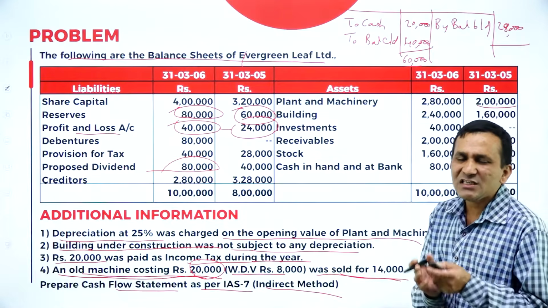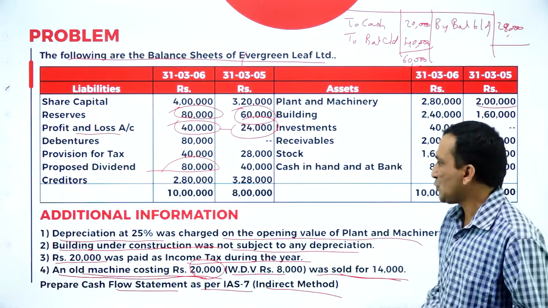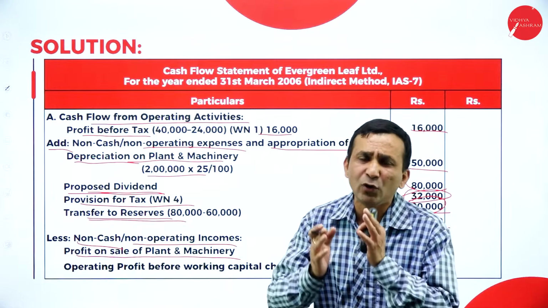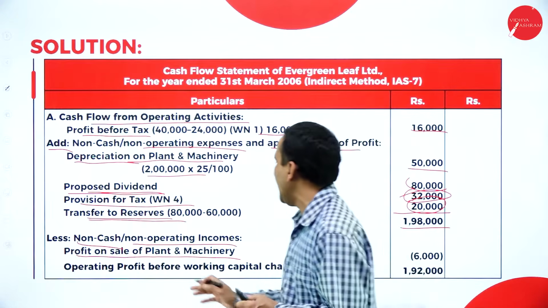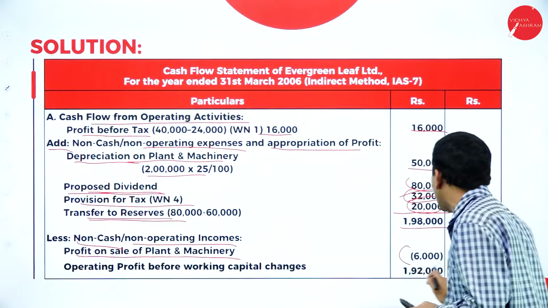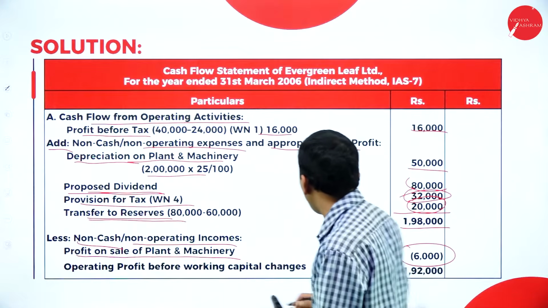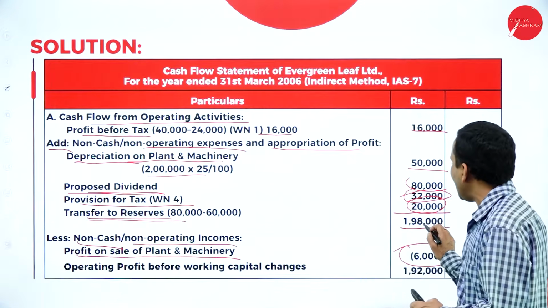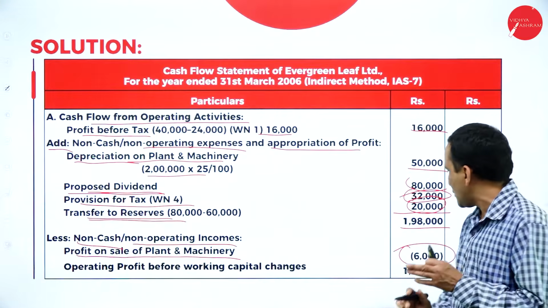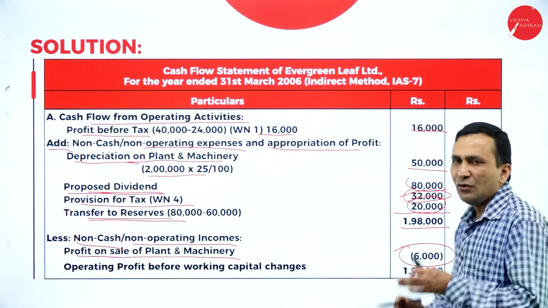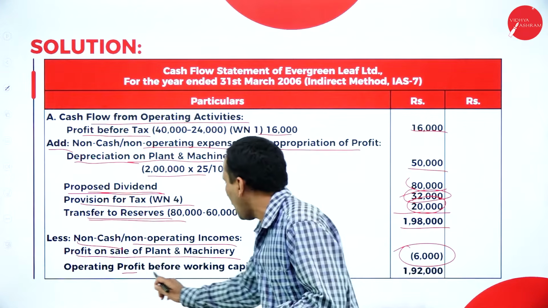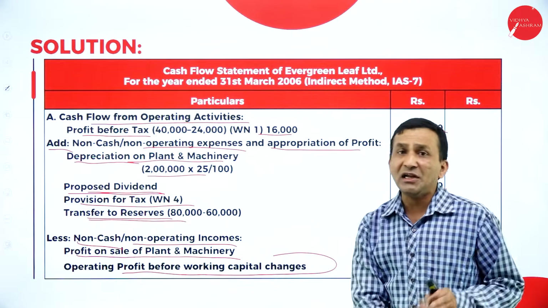So it is a loss faced by the company, which is not at all related to your operation. So there is a loss of 6,000, and we adjust for it here. So 1,98,000 minus 6,000 is 1,92,000, which is nothing but operating profit before working capital change.